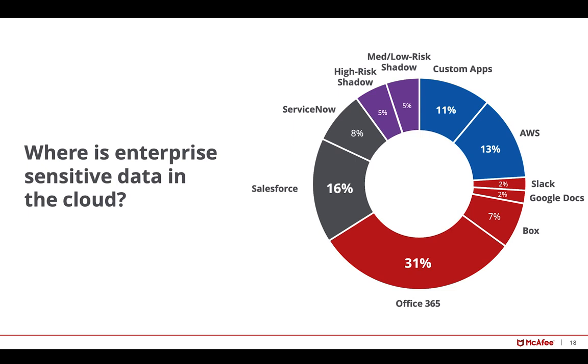So 30–40% of it ends up in collaborative SaaS applications like Office 365, Box, Dropbox, and so on and so forth. Another 25% or so ends up in structured applications like Salesforce.com, Workday, and ServiceNow, applications that you use to run the business. Another 24–25% ends up in IaaS and PaaS platforms, and only 10% ends up in problematic shadow IT systems.